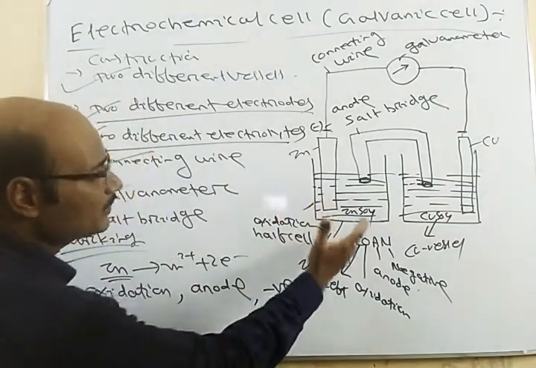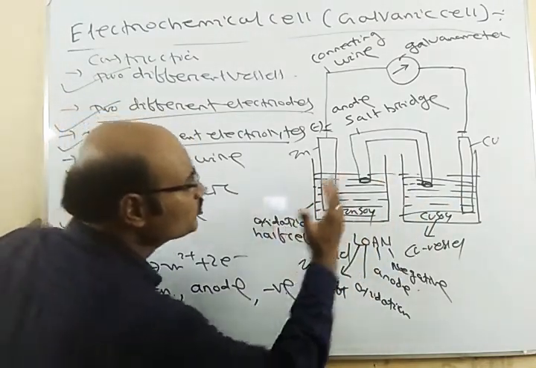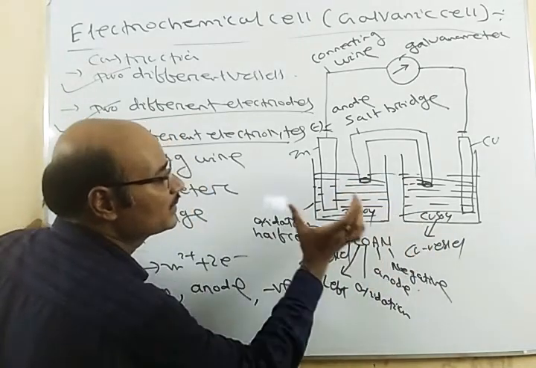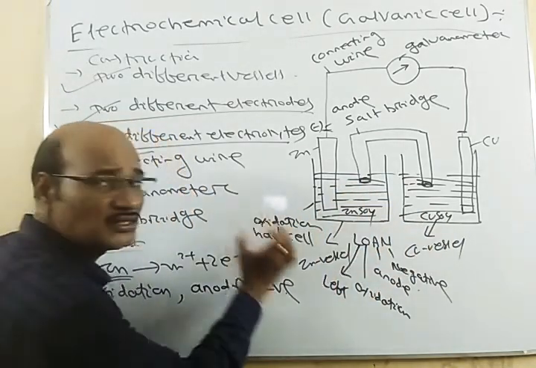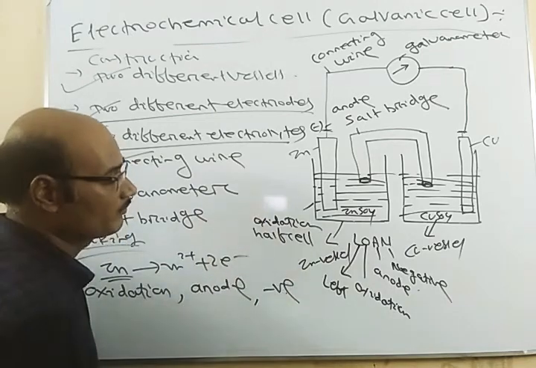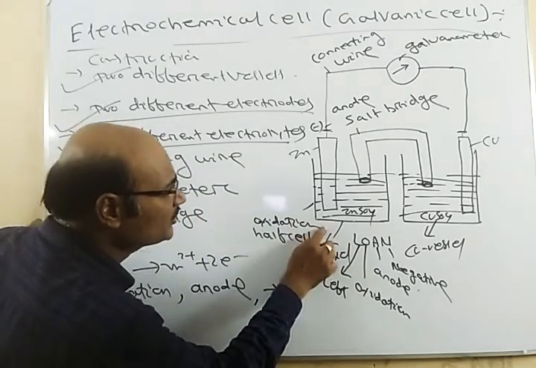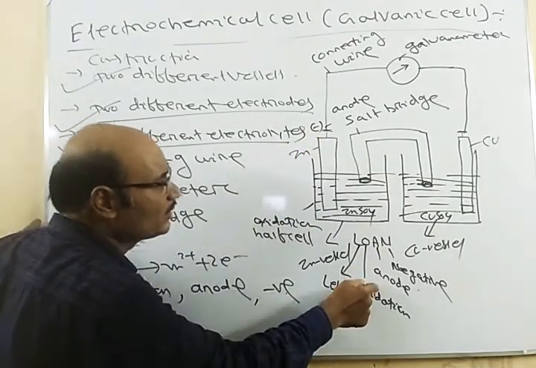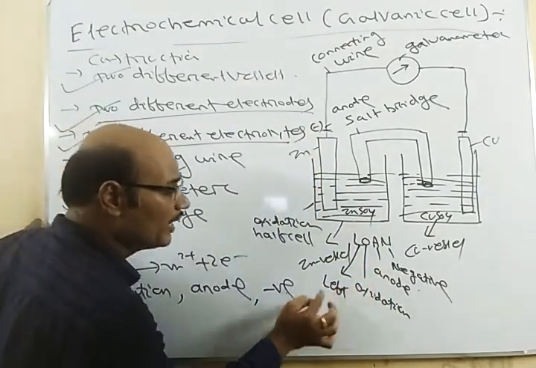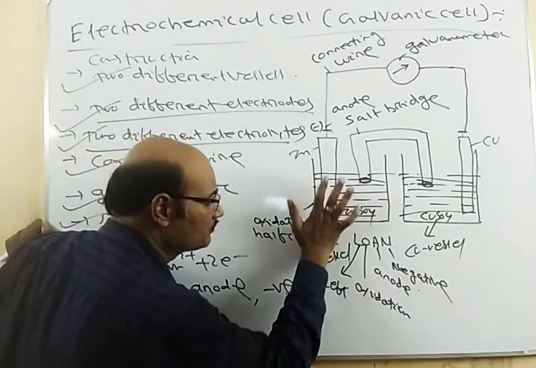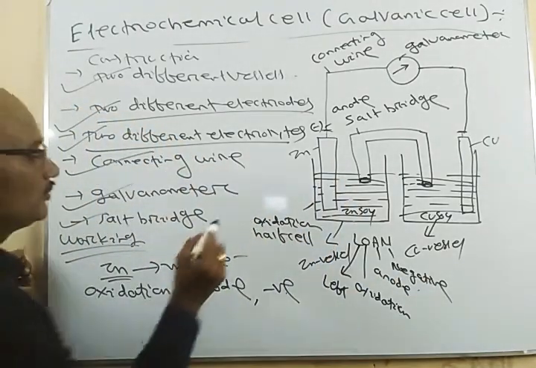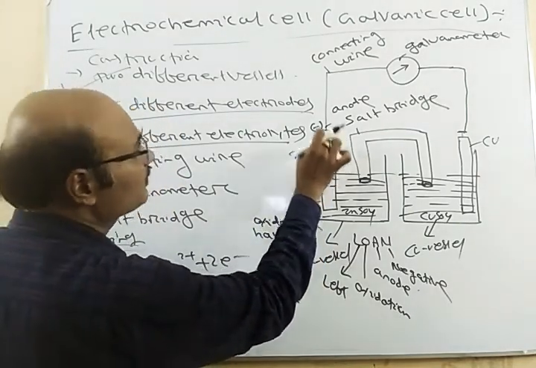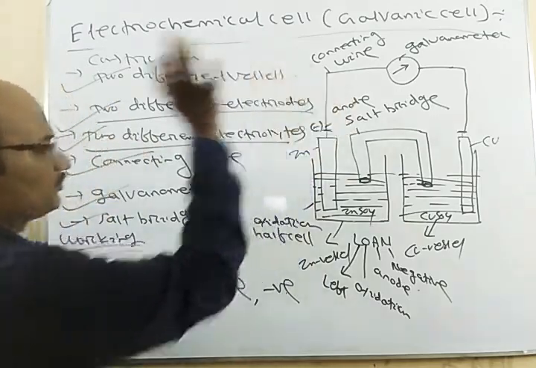In the galvanic cell we have two half cells. On the left side we have the oxidation half cell, because here oxidation is taking place, and this electrode is the anode with negative charge. So left, oxidation, anode, negative. This is also called the oxidation half cell, and zinc is the anode and the negative electrode.